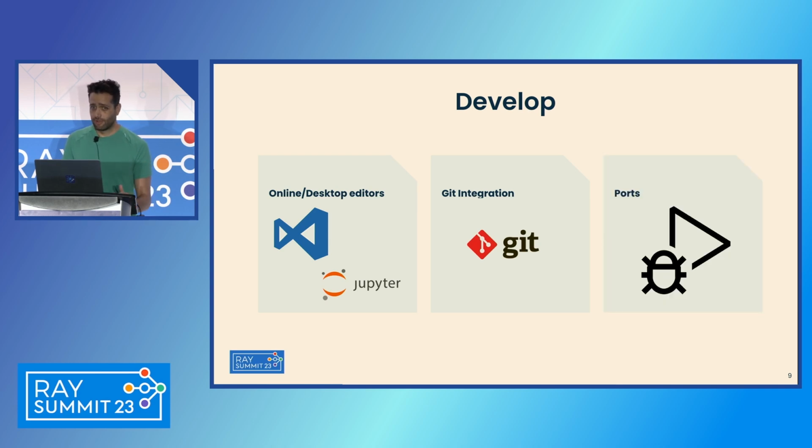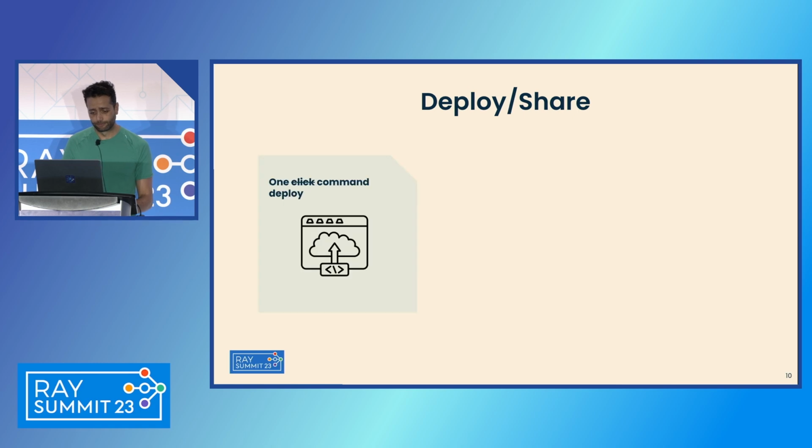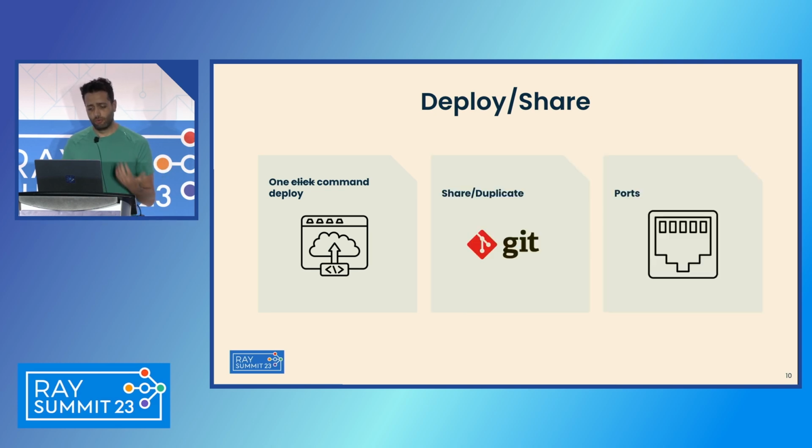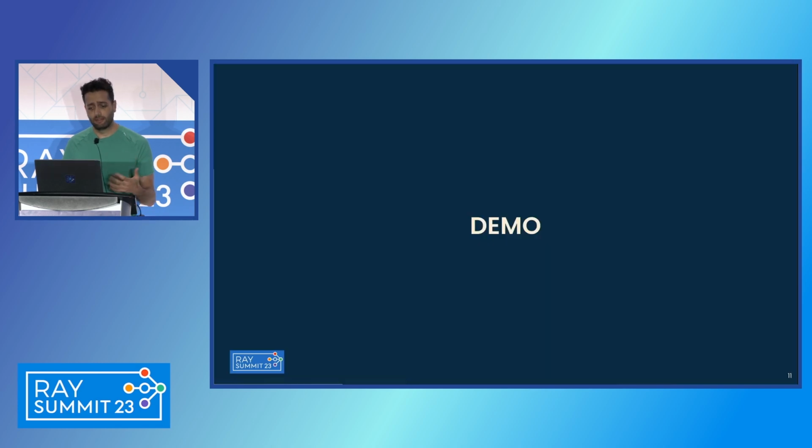Also now with the age of LLMs, it's very important to have the ability to serve applications. So if you're running in a remote environment and you aren't able to inspect those applications, that's going to be an issue as well. But also once the development process is complete and once you're ready to actually move your workloads into production, we need to have a very simple path for that, as well as the ability to share and duplicate with your teammates.